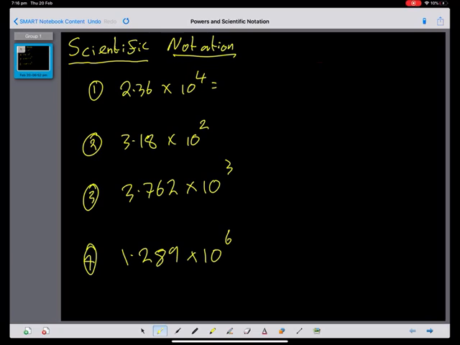Okay, so let's pretend the decimal point jumps 4 spaces. 1, 2, 3, 4. We add 2 zeros. Okay, so decimal point jumps twice. Nice and easy.